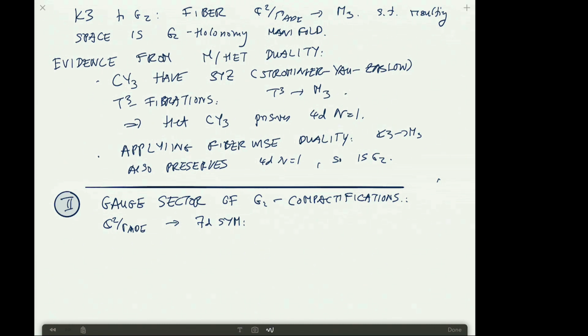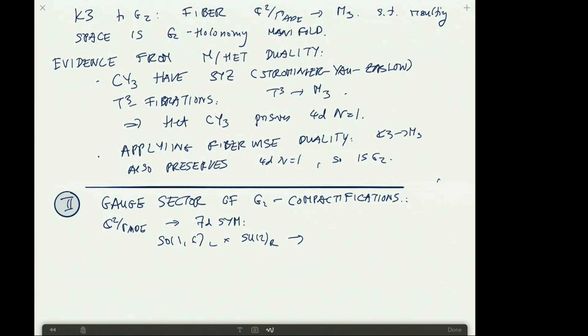So the 7D super-Yang-Mills theory, if we reduce this, we'll now find a certain theory on M3, and studying that will tell us what actually describes this 4-dimensional N equals 1 sector. That's the gauge theory sector of this compactification. Okay, so let's start by looking first of all at the supersymmetries. We have an SO(6,1) Lorentz, and the 7D super-Yang-Mills theory has an SU(2)_R symmetry.